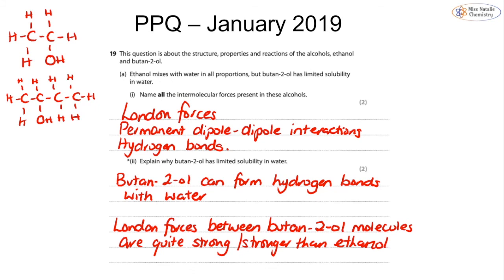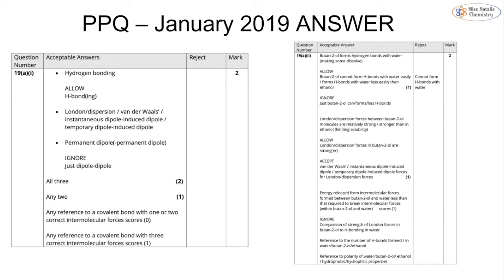Therefore, the amount of energy required to break those is higher in terms of the hydration. So remember, this time we're not talking about the actual breaking of the bonds using temperature, we're talking about the hydration. And it is because the London forces are more predominant as opposed to the hydrogen bonds in water. And again, you can have a look at the mark scheme for that if you want.